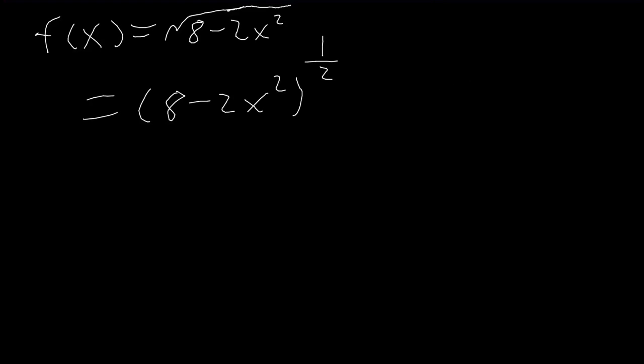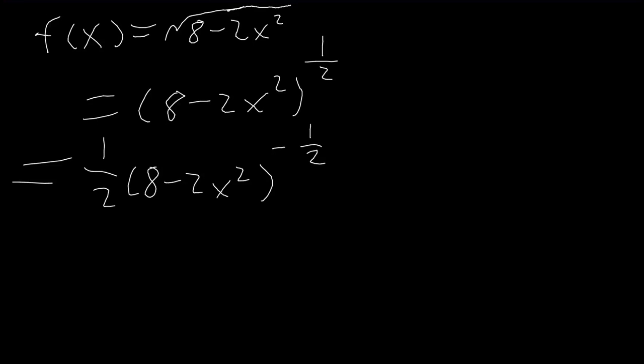It's the same process. So now taking the derivative of the outside, we can just use power rule. So it'd be a half times 8 minus 2x squared, and then a half minus 1 is going to be negative a half, and then multiply this by the derivative of the inside, which is going to be negative 4x.